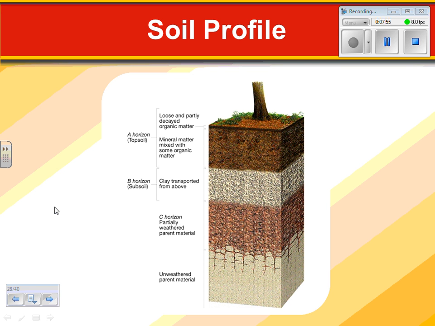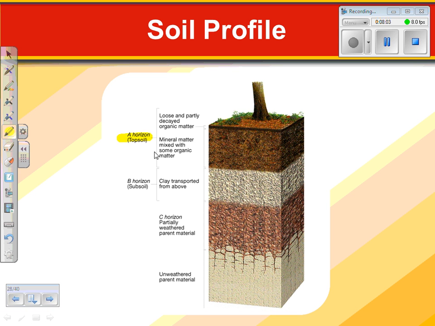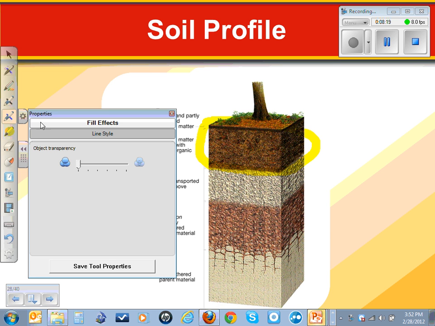This is a graphic illustration of a typical soil profile. Again, the A horizon, the topsoil that we have, is right here, darker in color. The B horizon, or the subsoil. And again, this graphic is a little out of color.